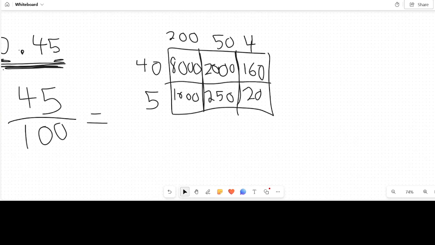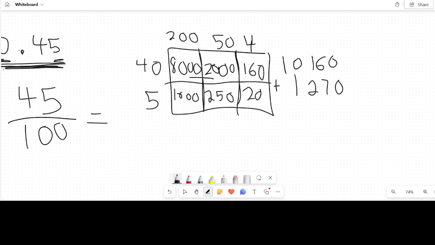8,000 plus 2,000. I'm going to move through my top row. 8,000 plus 2,000 is 10,000. 10,000 plus 160 is 10,160. Now, same thing. 1,000 plus 250 is 1,250. Plus 20 is 1,270.